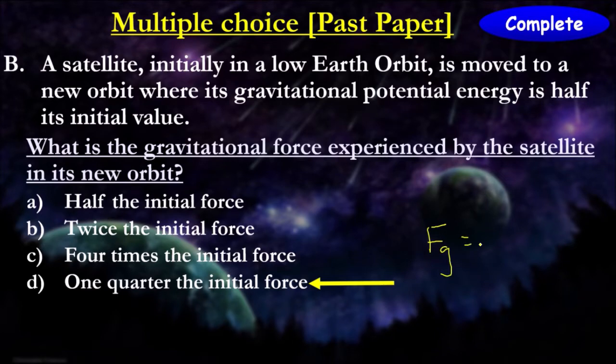So this is our gravitational force, GMm over r squared. Now, assuming that this is a constant, we can rewrite this as a 1, arbitrary number.